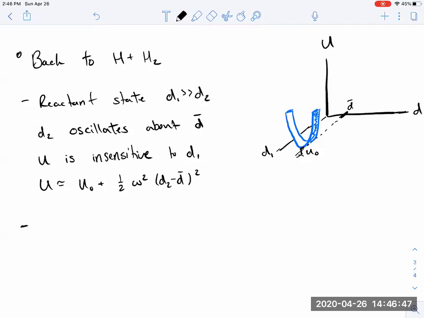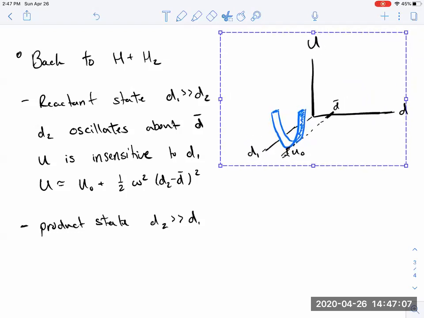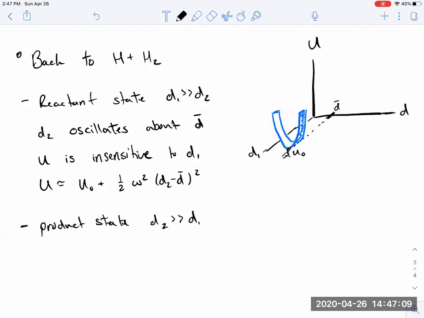Now, what about when we're far into the product state, namely when d2 is much, much greater than d1? Well, we're going to have the exact same thing. If d2 is much, much greater than d1, then locally the d2 variable is not going to be important.